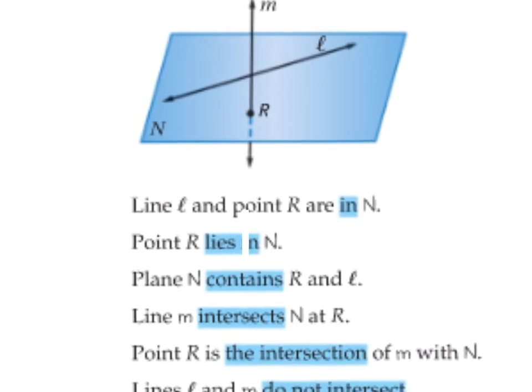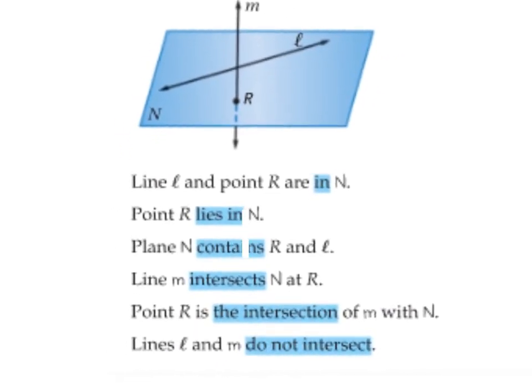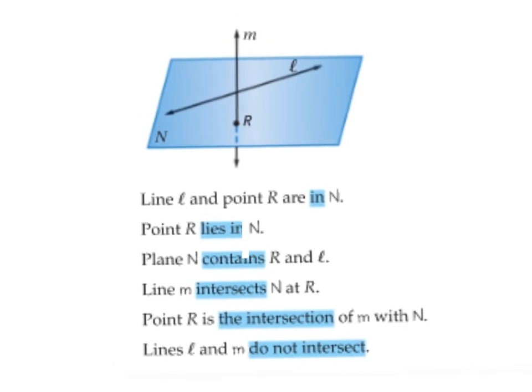Okay, now let's look at this picture. We've got a lot of descriptions for it. I have a plane with a line on it and a line that goes through it. Can everyone picture or visualize this 3D figure?